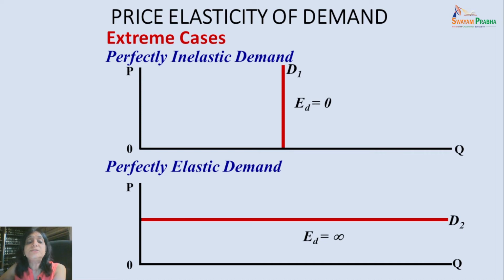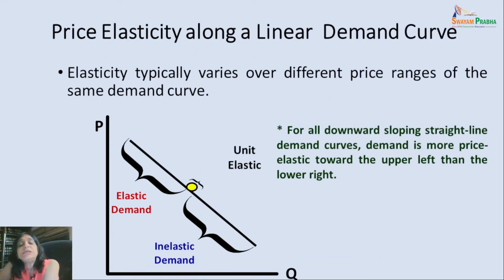In that case, your demand curve is perfectly elastic. Okay, so what we can interpret here is that if we have a linear demand curve, a demand curve that is a straight line, then your elasticity of demand varies along the same demand curve.